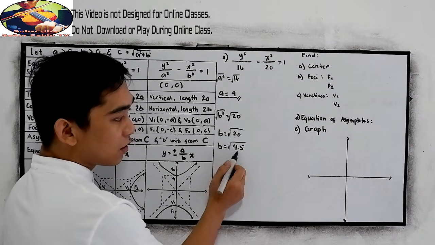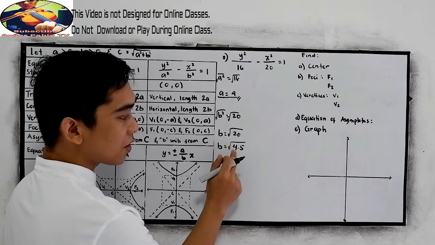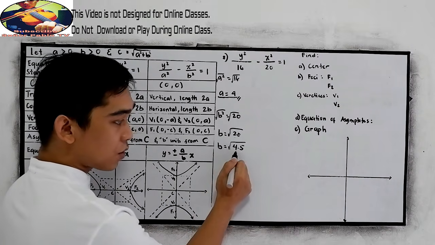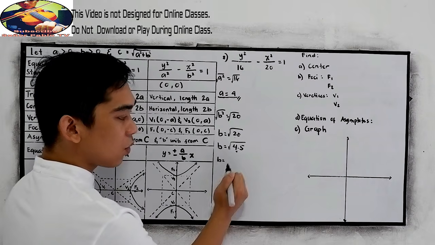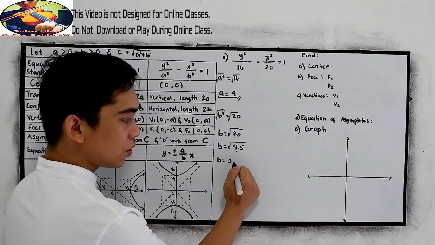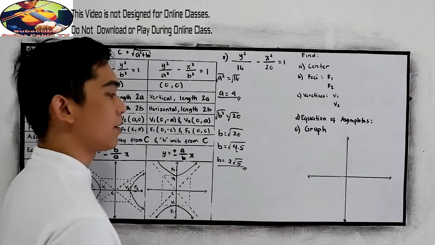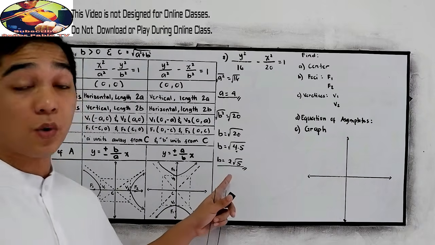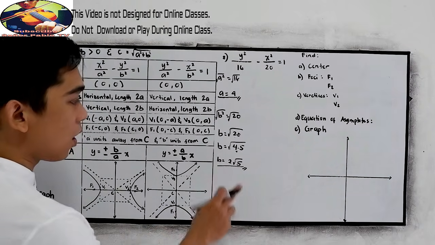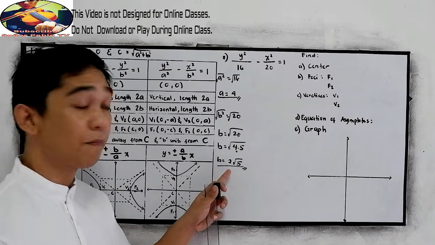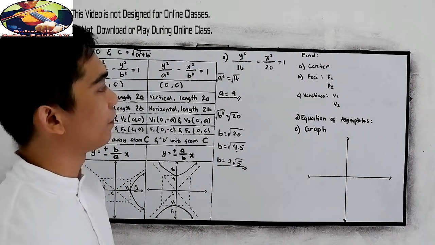One factor must be a perfect square, and 4 is a perfect square. So b is equal to 2 square root of 5. This could be positive or negative 2 square root of 5, but since we are looking for the distance, we're just going to get the positive.